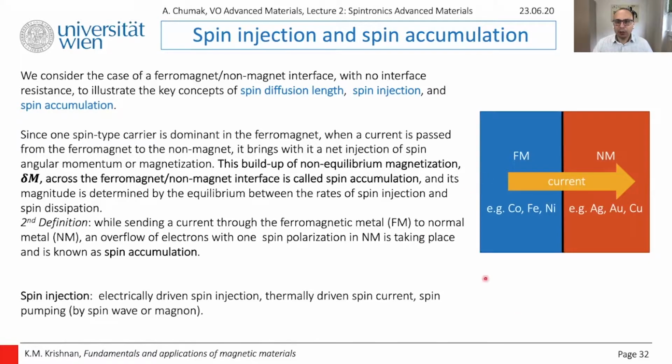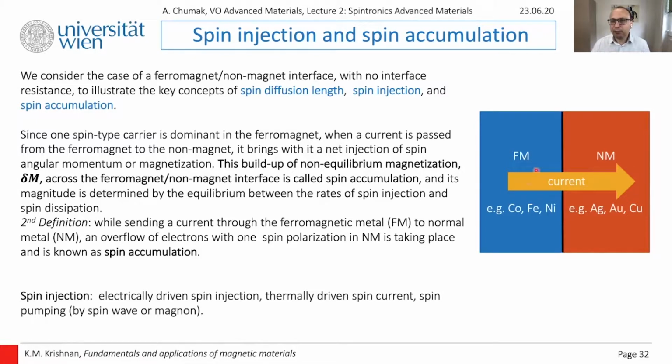Now we apply a difference in electric potential between this bilayer and generate a current in a way like it's shown here, so that electrons start to flow from the ferromagnetic metal into the normal metal. As you know, if this material has non-zero spin polarization, it means that there is an imbalance between spin up and spin down electrons, and this imbalance is then injected into the normal metal.